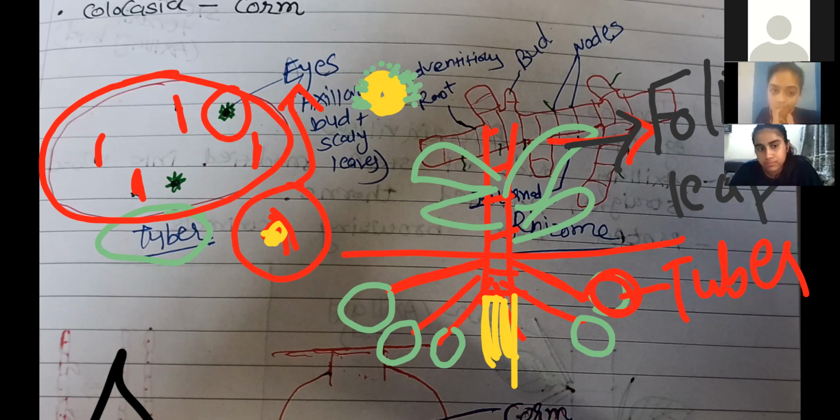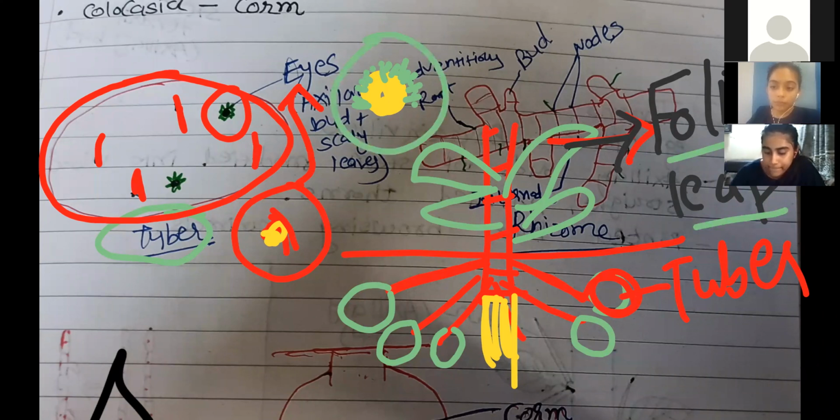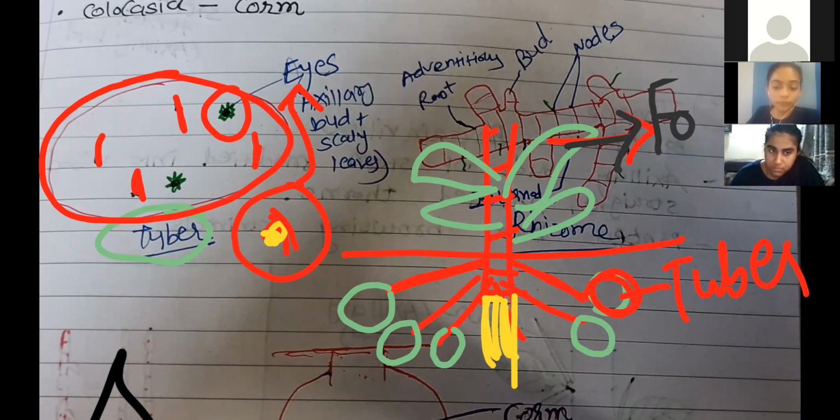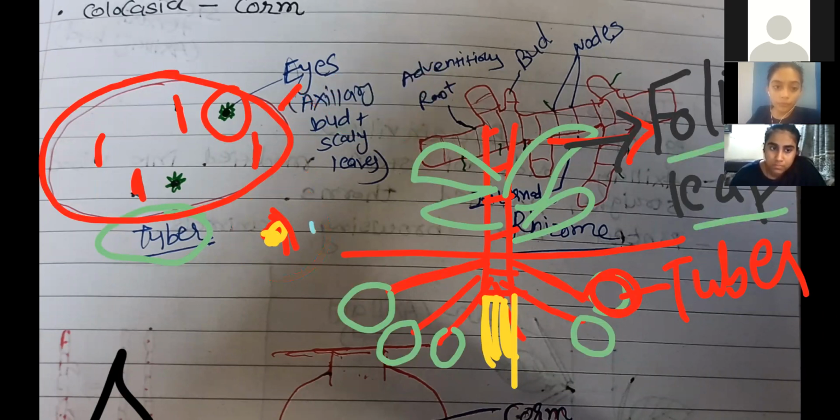In any plant, surrounding the axillary bud, scaly leaves are present. So two types of leaves are present on a plant. One we call foliage, greenish color leaf, which performs photosynthesis. The other we call scaly leaves, which surround the axillary bud or the apical bud and give protection.